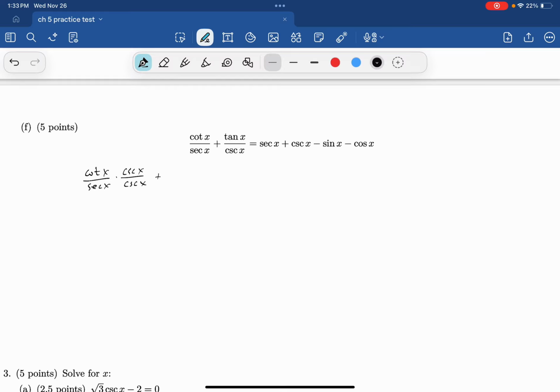Get that common denominator over tangent x cosecant x times secant x over secant x. So that will leave us with cotangent x cosecant x plus tangent x secant x.